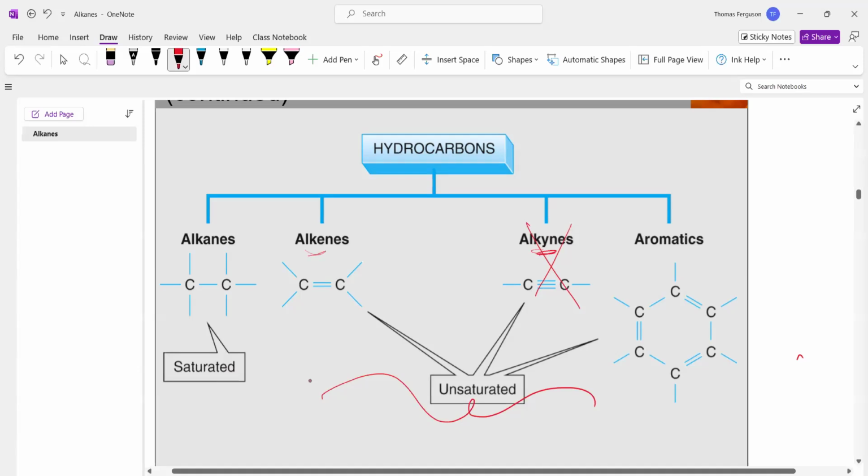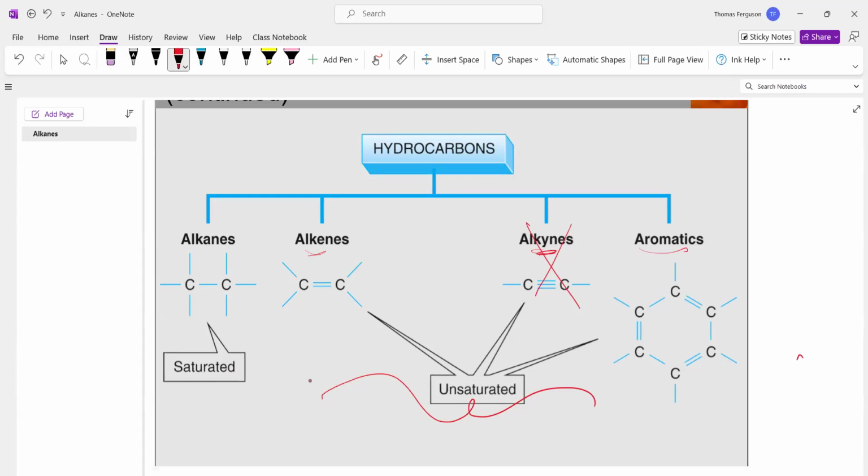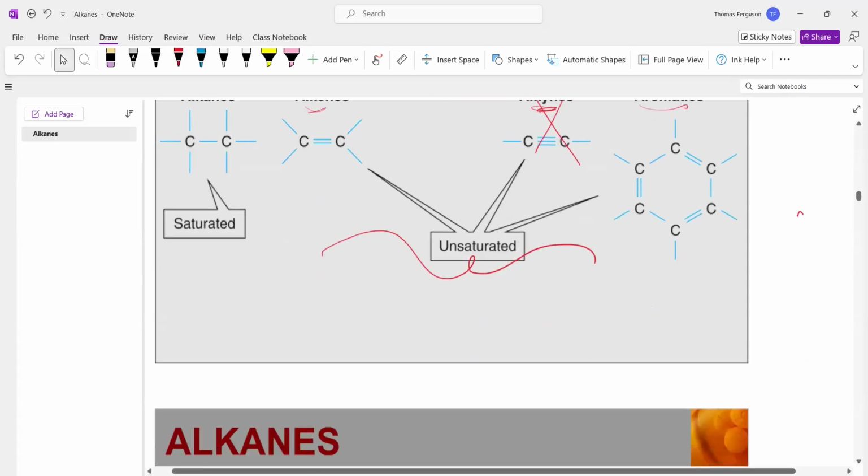And this special alternating single, double, single, double, single, double are the aromatics. And this alternating between single and double bonds is a particularly stable structure. That's why you see them a lot in nature. I mean, a lot.